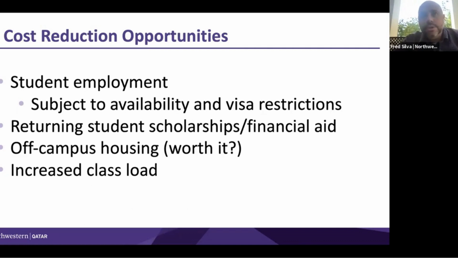And then most universities in the US allow you to register so that your cost of tuition is an X amount for, let's say, 15 credits or above. They might actually allow you to take one more class beyond that, and that class will not necessarily cost you anything extra per credit.